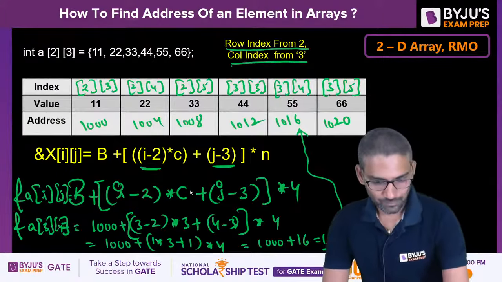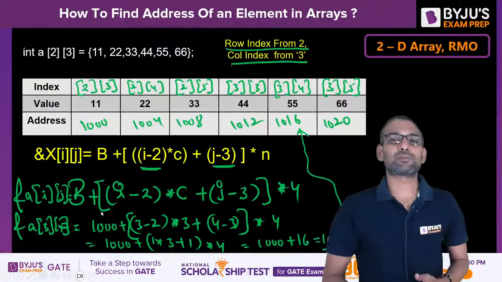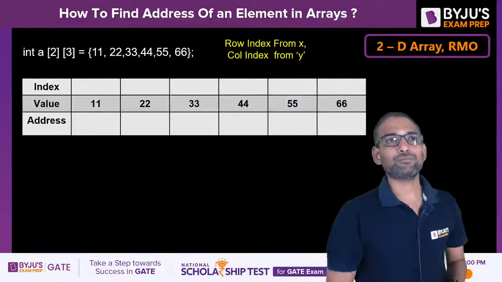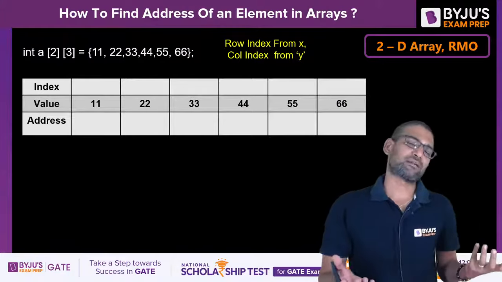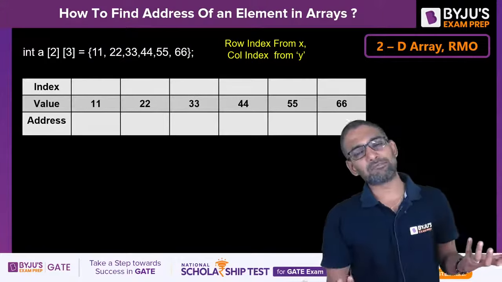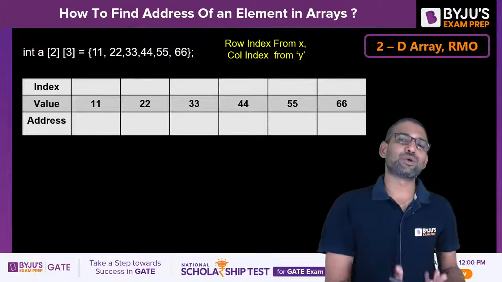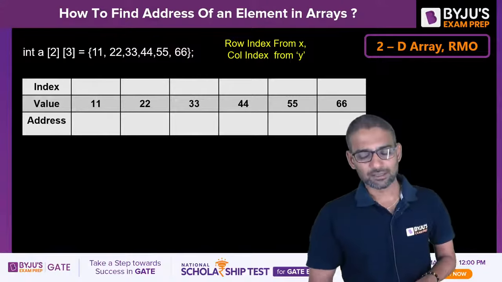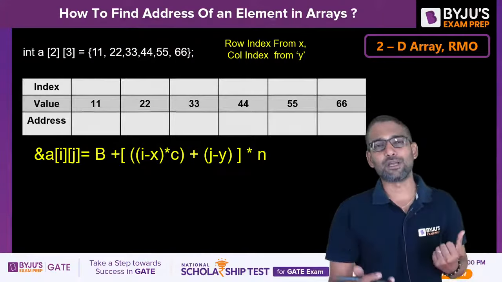Okay. So now if the row index starts from some x and column index starts from some y, x can be equal to y or can be different also. For any base address, any row index, any column index, how do you find the address of A of ij?